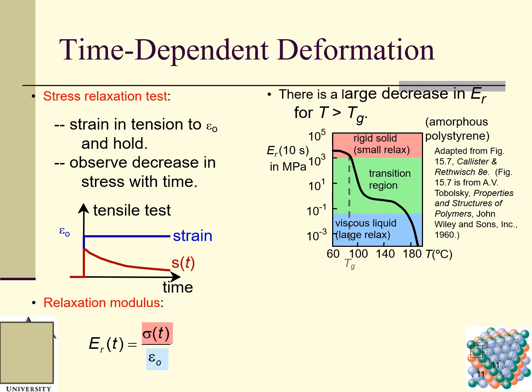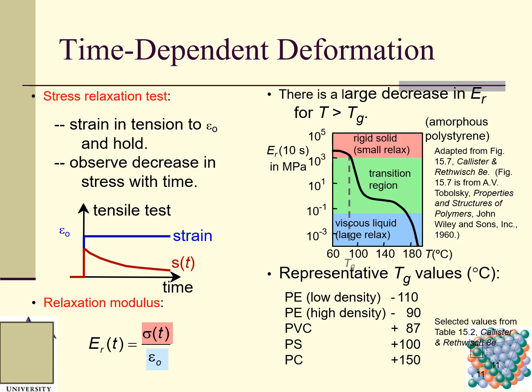So this is the rigid solid, transition region, and then viscous liquid with large relaxation. These are representative Tg values for different polymers, the different representative glass transition values in degrees C.